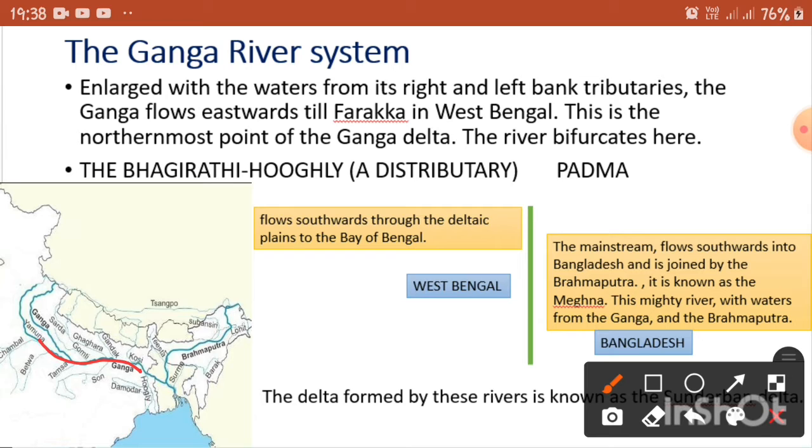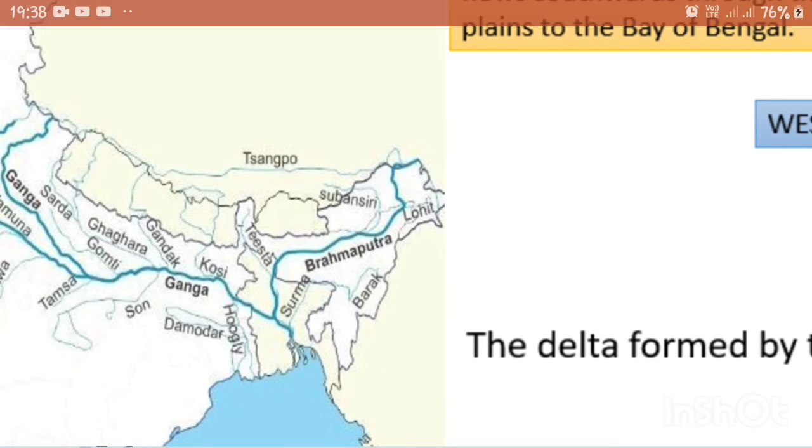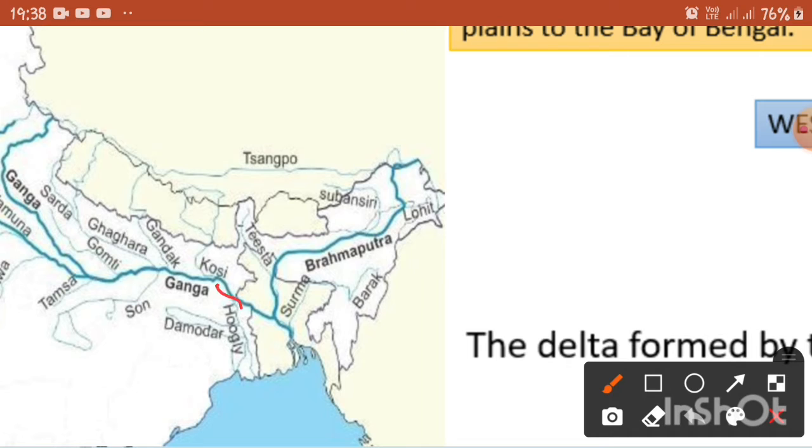The river bifurcates here and divides into two parts. These are the distributaries of the Ganga river. This is the Bhagirathi Hooghly, and this is the Padma river, which enters into Bangladesh.